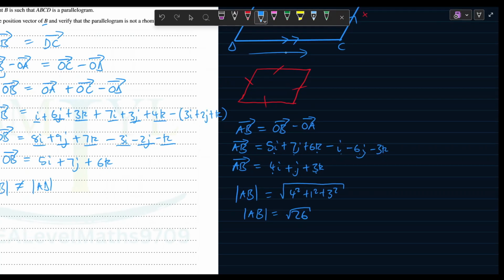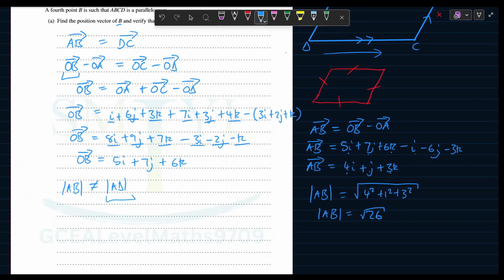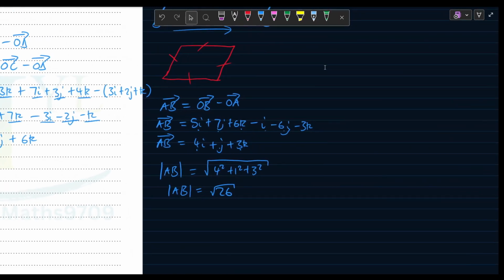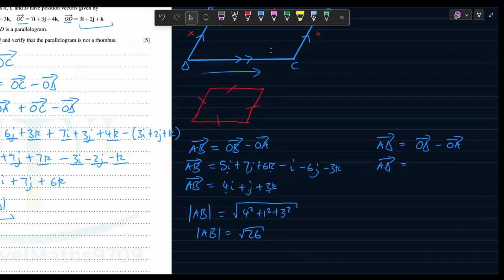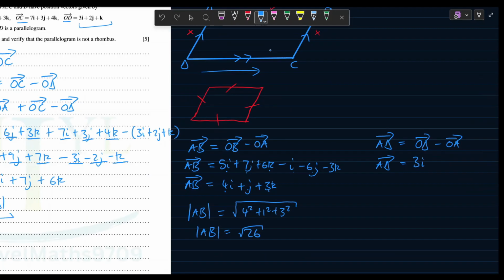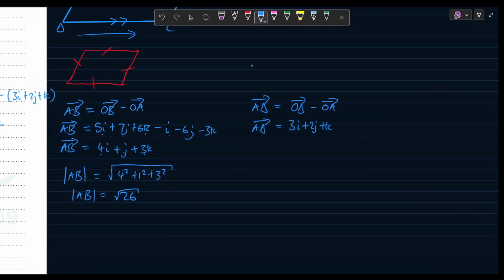And we're going to do the same for AD so that we can show that the magnitude of AB is not the same as the magnitude of AD. So AD is going to be equal to OD minus OA. So what is our OD? OD is 3i plus 2j plus k, and minus OA is this expression over here, minus I minus 6j minus 3k.